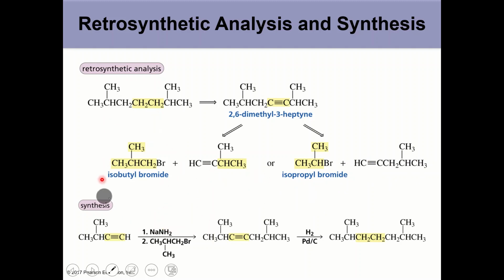We can go forward towards the final product. So looking at the first case with the 4-carbon alkyne, they take their 3-methyl-1-butyne, react it with sodium amide, followed by the 1-bromo-2-methylpropane to make the 2,6-dimethyl-3-heptyne. The 2,6-dimethyl-3-heptyne is treated with H2, Pd/C and produces the 2,6-dimethylheptane.